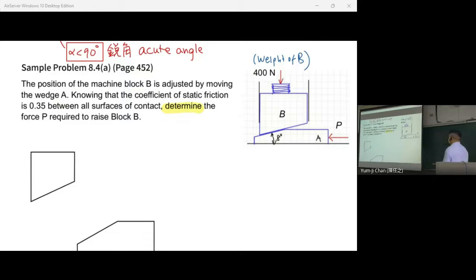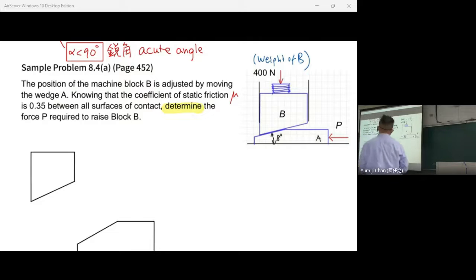Now, how to work on this problem? First of all, what is coefficient of static friction? Is it mu S or mu K? Mu S, okay?